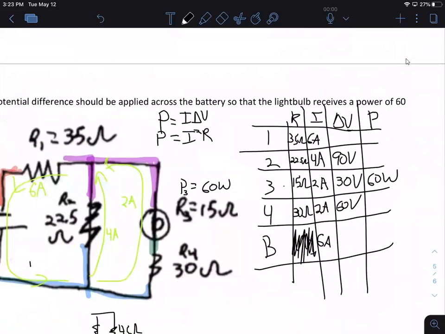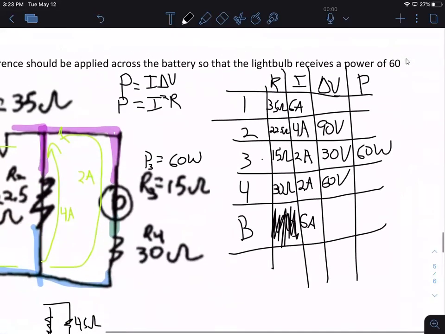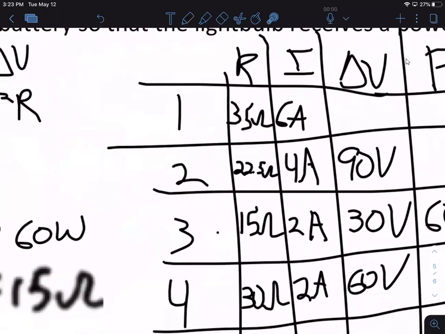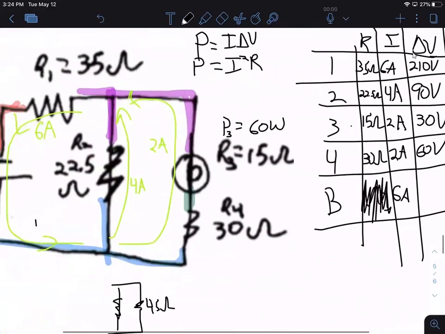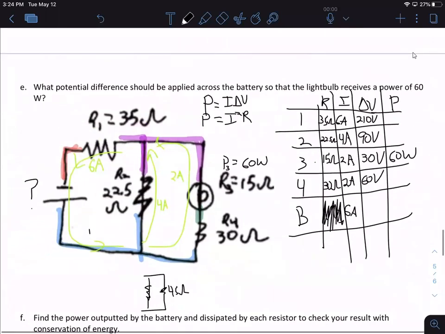I guess in an alternate world, we could have solved this using powers as well. Yeah. 35 ohms, 6 amps. 35 times 6, 210 delta V. All right, and that's for resistor 1.